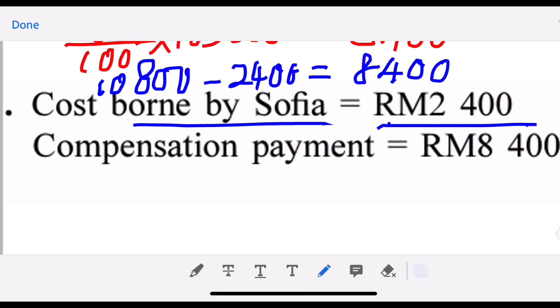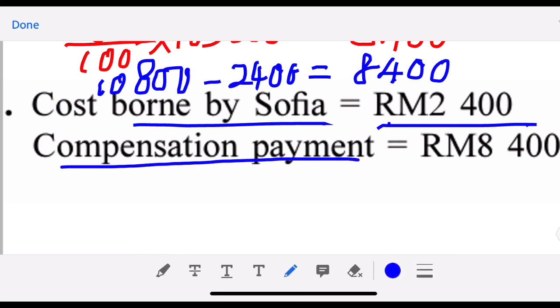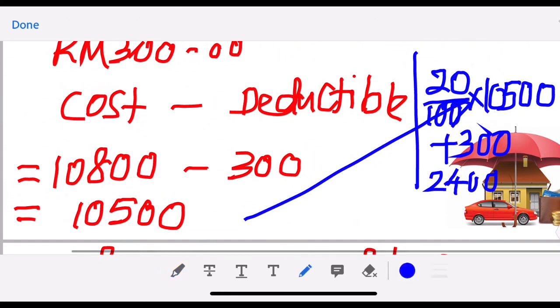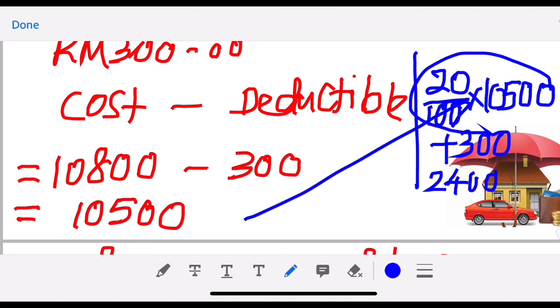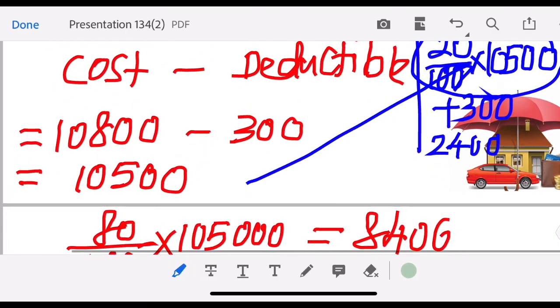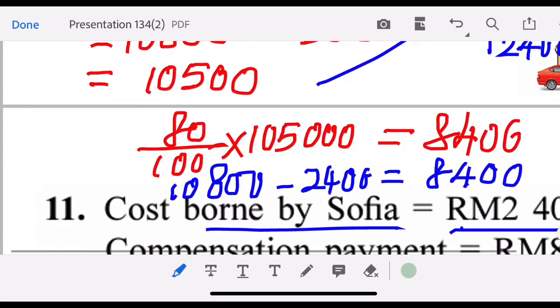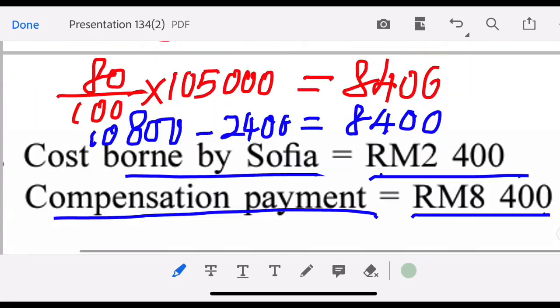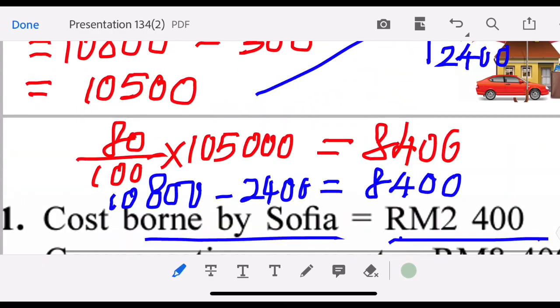Okay, and then the compensation payment is 8,400. So the amount borne by Sophia is not only the deductible amount, but also the 20% of the cost. Okay, so this is how you calculate the compensation payment, right? Okay, so we have solved question 11.